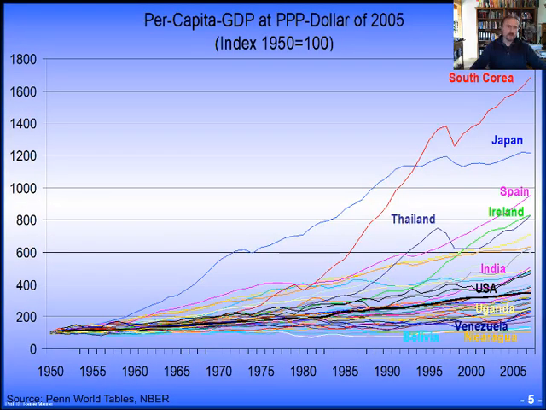Another way to look at economic growth is the comparison of the growth performance of different countries. This diagram compares the development of per capita GDP at constant prices from the year 1950 to the year 2010.